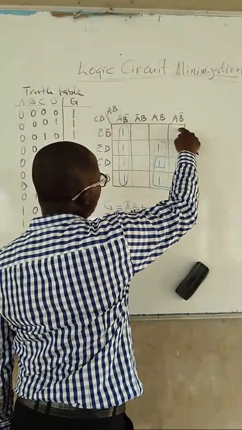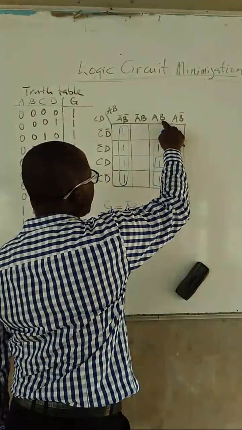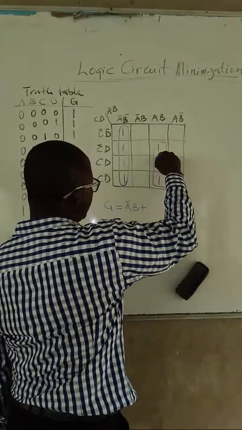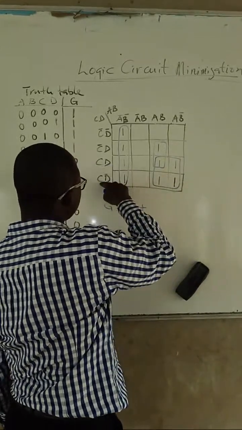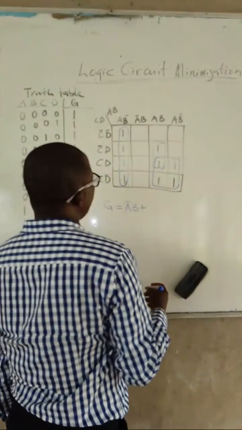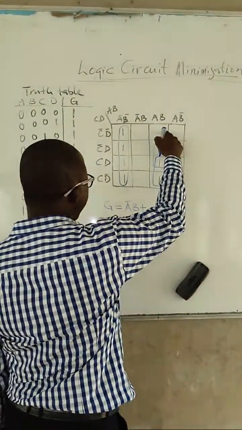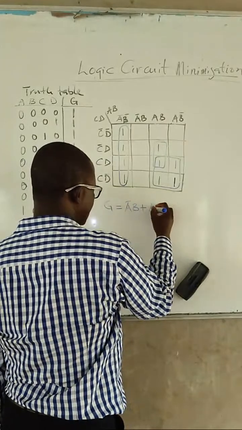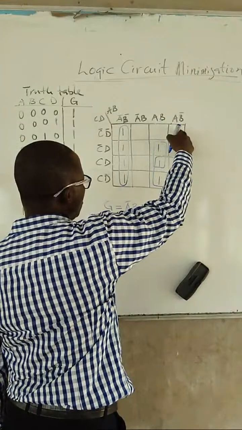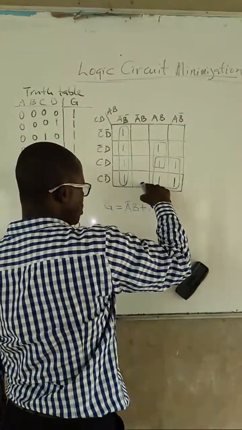From this column to this column, A remains A, but B has changed to B bar. So A is constant. Then from this row to this row, C remains C, but D has changed to D bar. For that reason, we're going to have A and C as a product. AC. A from this column to this column, and C from this row to this row.